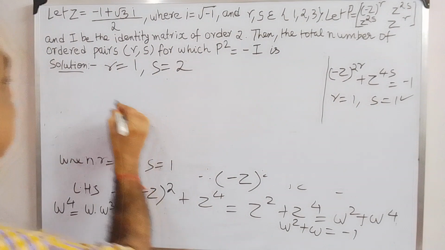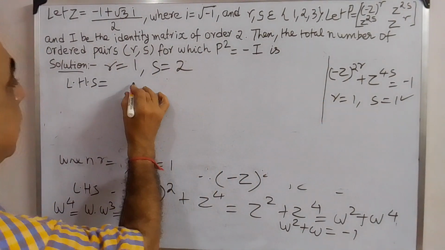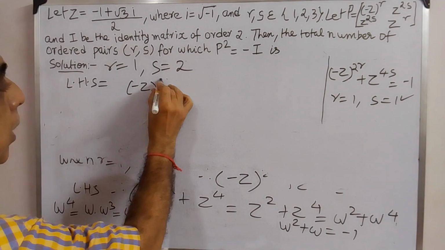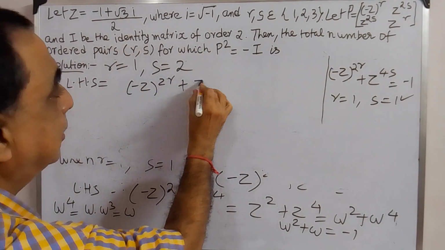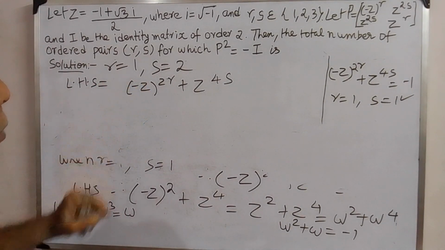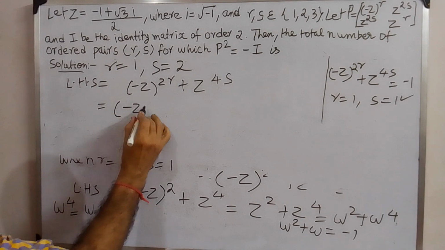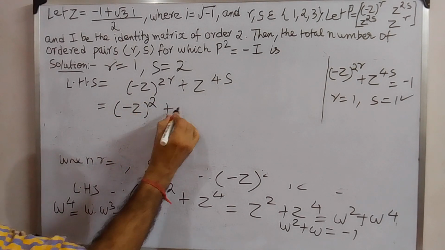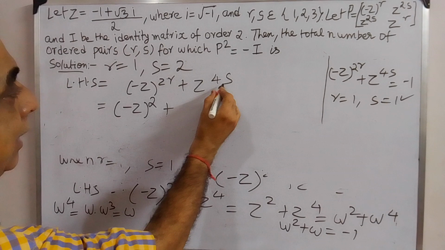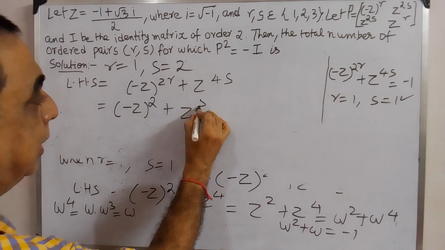So what we will have is LHS equals minus z to the power 2r plus z to the power 4s. Now put the r value 1 here, so this will become minus z to the power 2, plus, s value I am putting 2, z to the power 8.